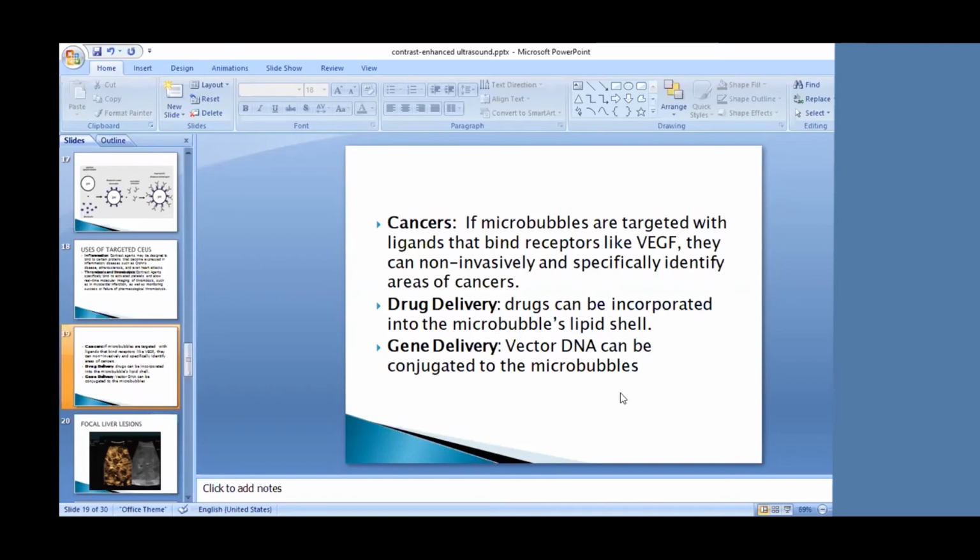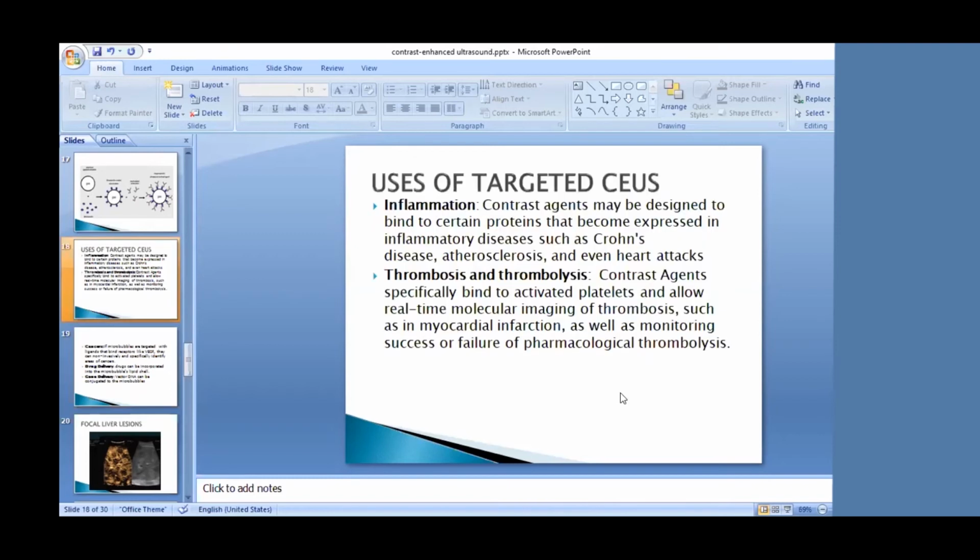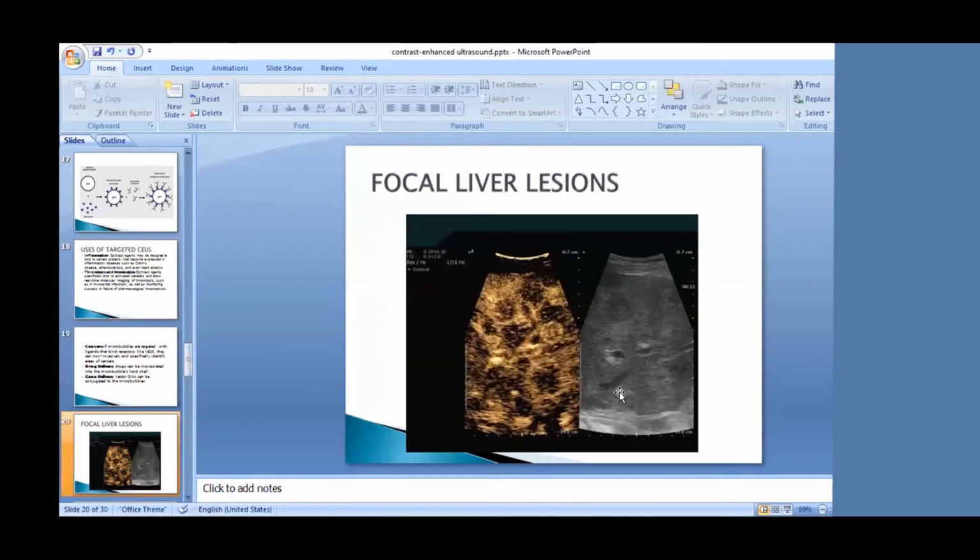Also, if we want to give gene therapy, we will attach part of the DNA to the microbubble and then inject it intravenously, and it will reach the area where we want it to reach. So we can deliver a gene, we can deliver a drug, we can diagnose cancer, okay, we can diagnose thrombosis, and also diagnose inflammation with targeted contrast enhanced ultrasound.